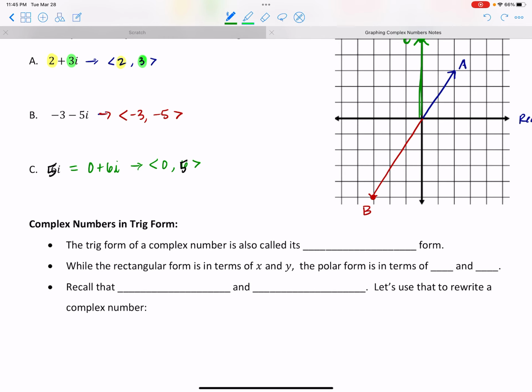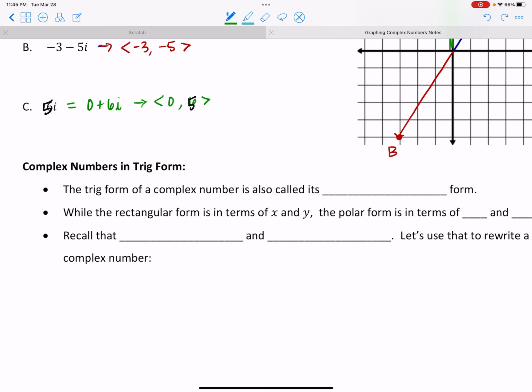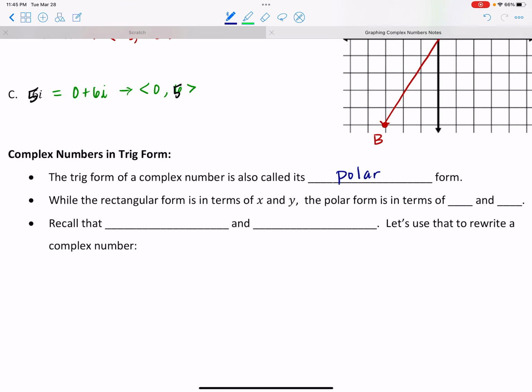Now the trig form of the complex number is a little more complicated. The trig form of a complex number is also called its polar form. Okay, and the polar form uses different components. So in our rectangular form, we're looking at something that's in terms of x and y because that's what our rectangular plane is in.